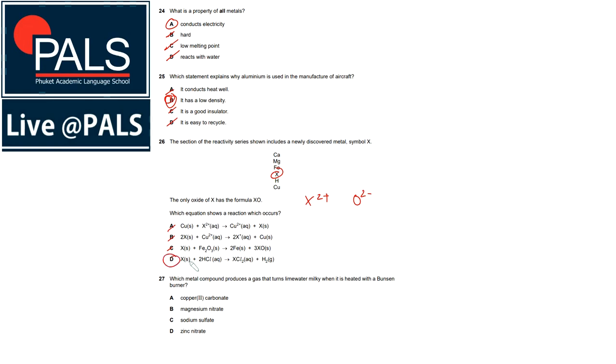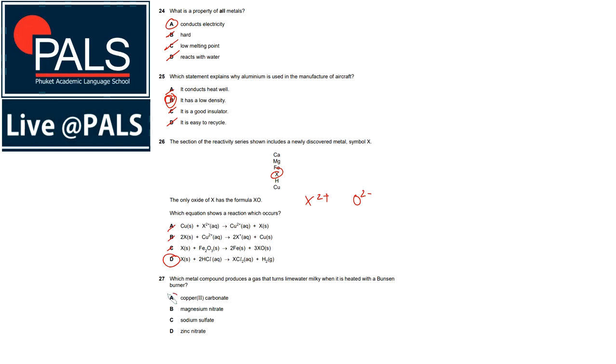It does react with an acid because it is above hydrogen in the reactivity series, so therefore it will react with an acid. Which metal compound produces a gas that turns lime water milky when it is heated with a Bunsen burner?